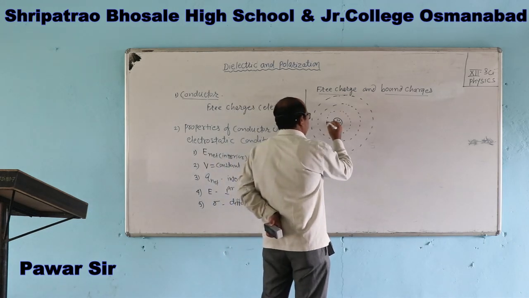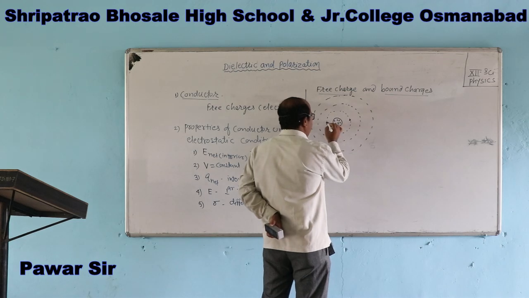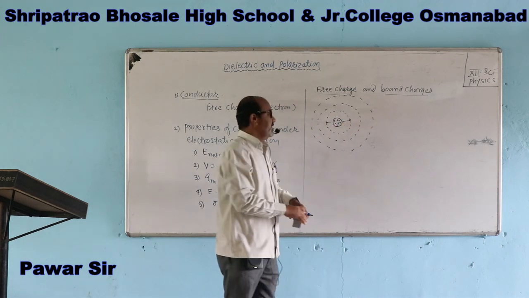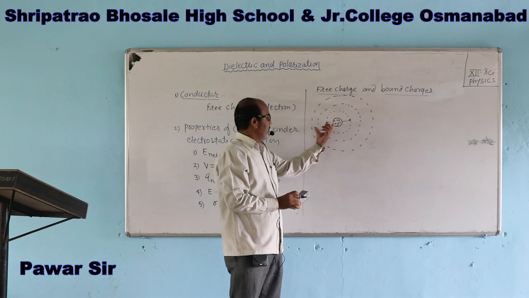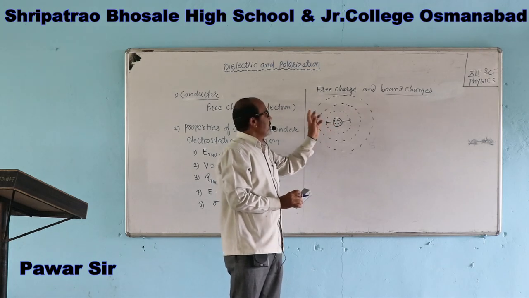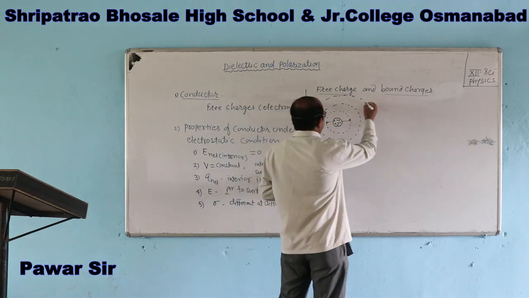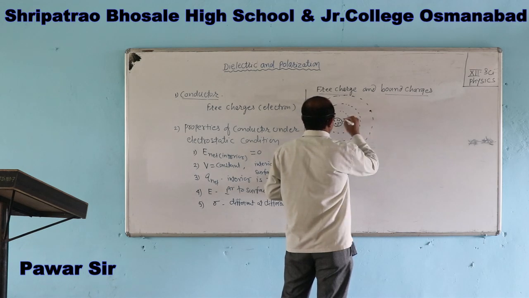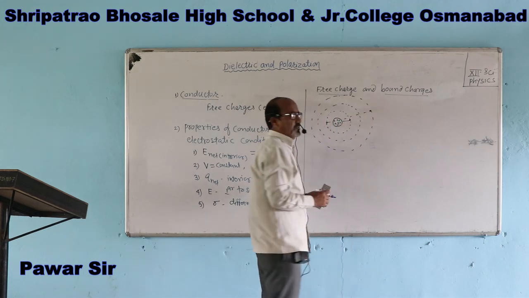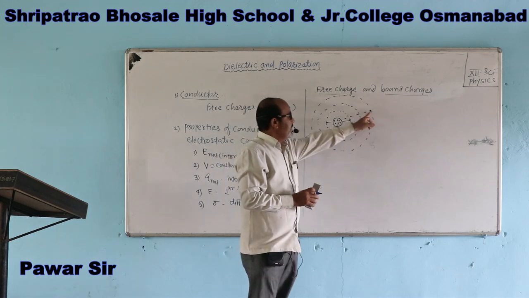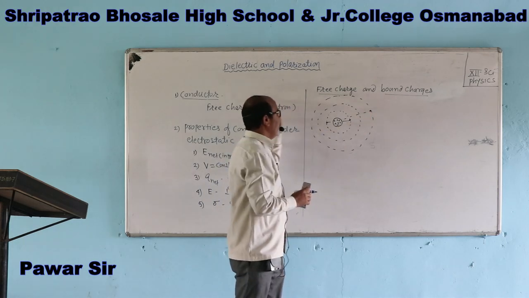The electrons in the inner orbits are tightly bound to the nucleus. But electrons in the outermost orbit are loosely bound to the nucleus. So these electrons are called free electrons.